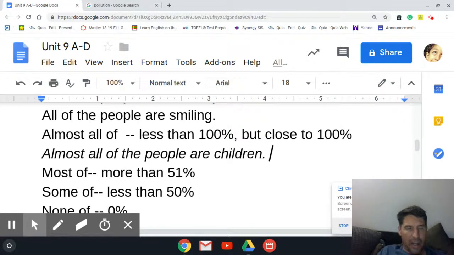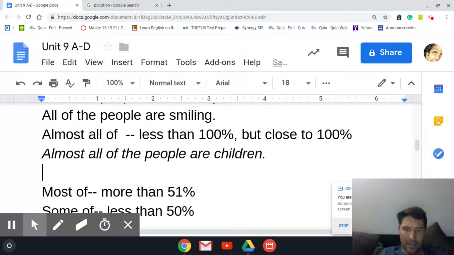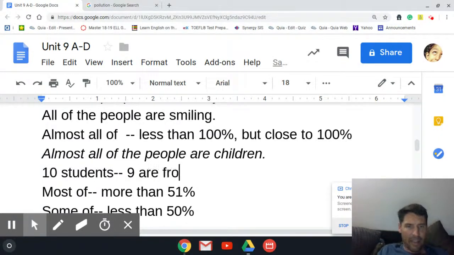Okay. In our class, let's pretend this is not true, probably, but let's pretend we have 10 students and 9 are from, give me a country. Tanzania, okay?